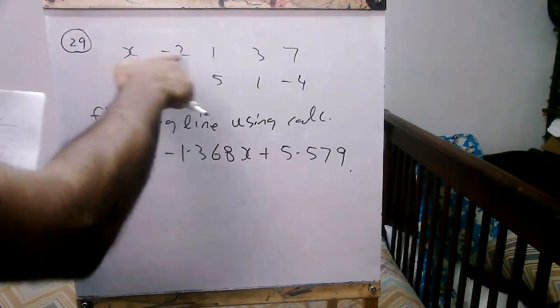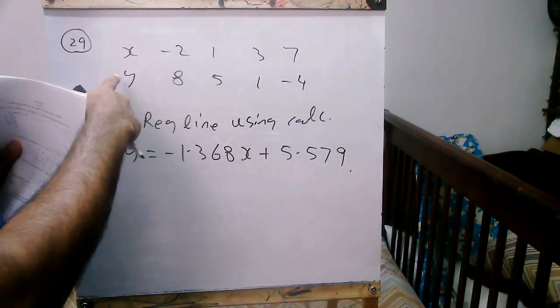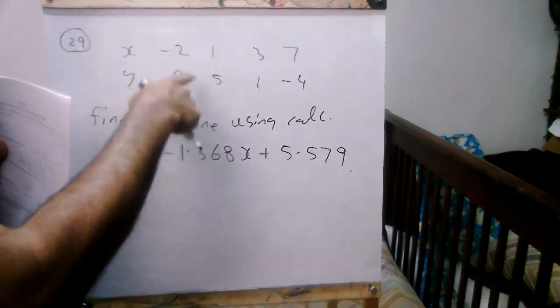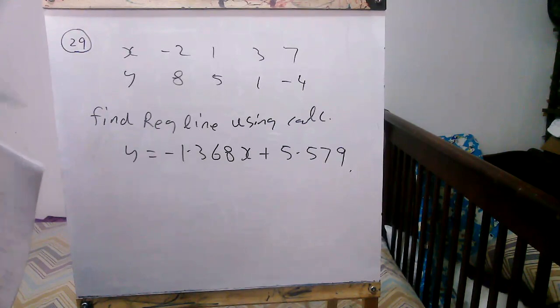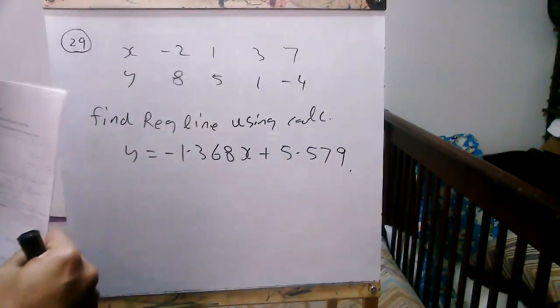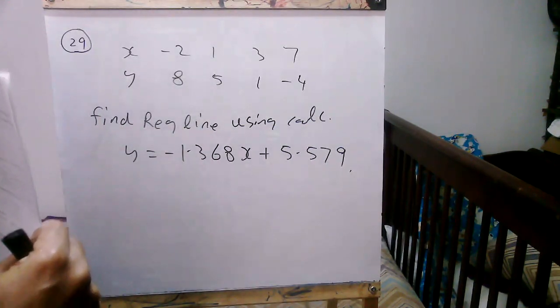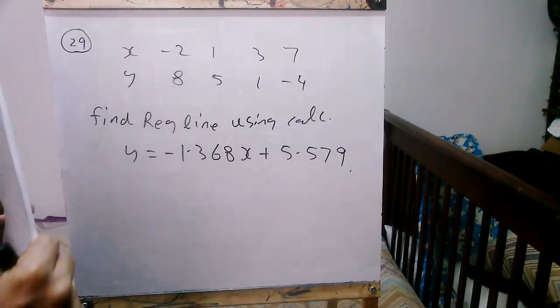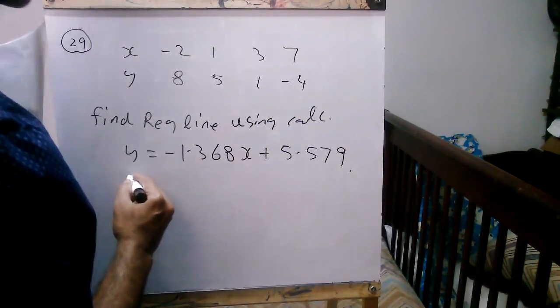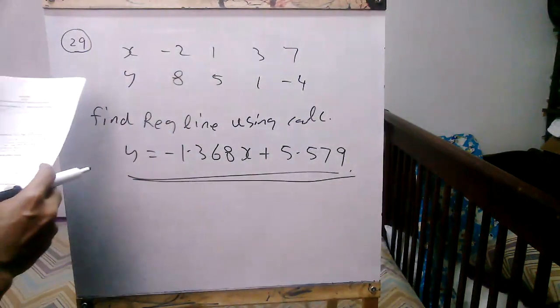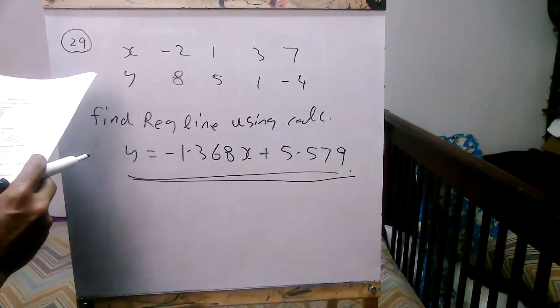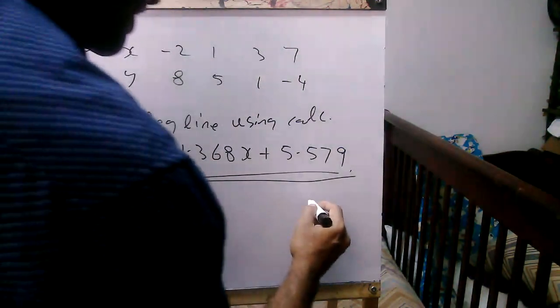You enter x as column 1, C1, y as C2, then you ask the calculator to find the regression line, LinReg, and you get this answer, right? That is answer choice A.